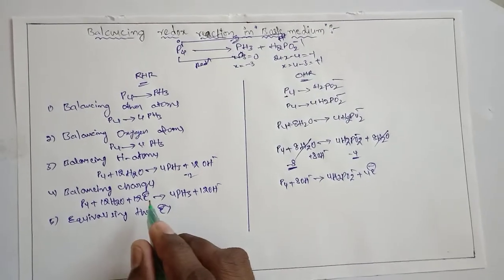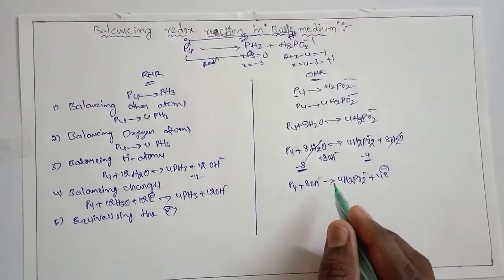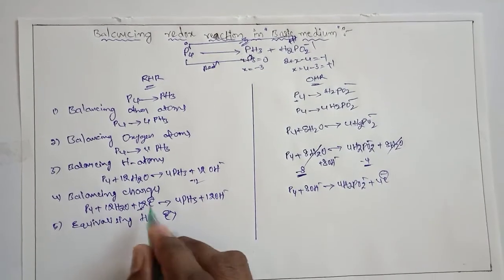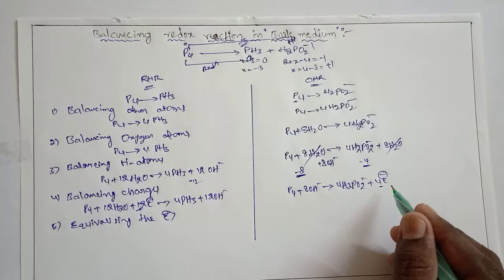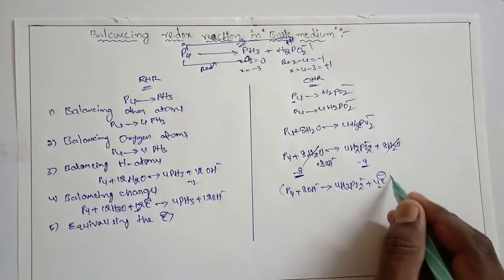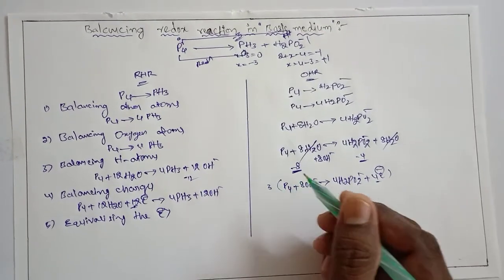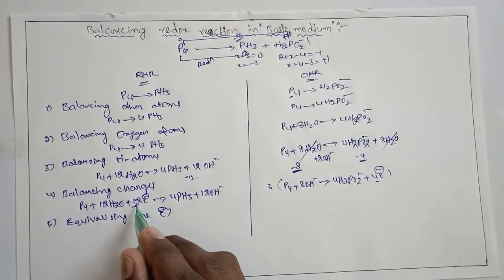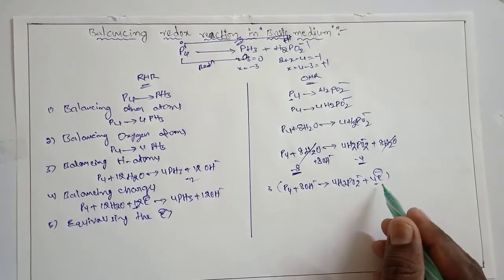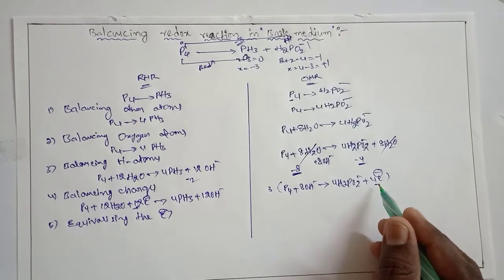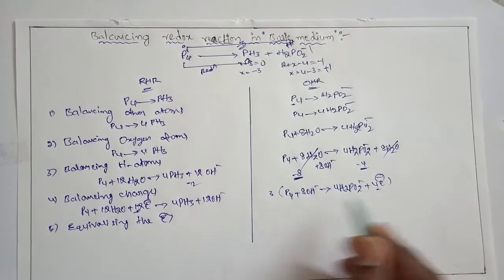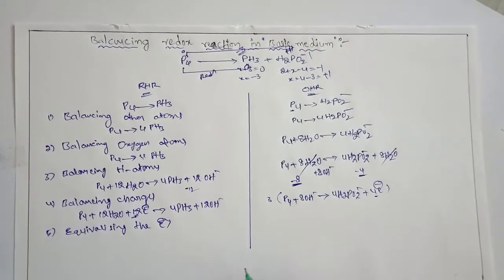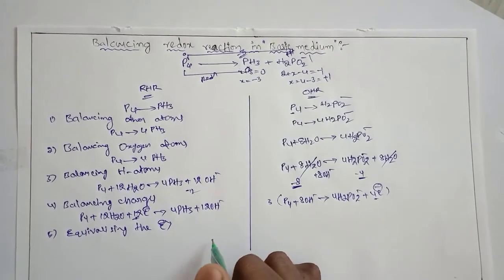In the reduction reaction and the oxidation reaction we have to equalize the electrons. Here 12 electrons are present, and here 4 electrons are present, so to equalize the electrons we multiply this whole equation by 3.